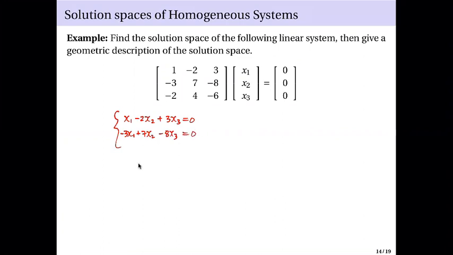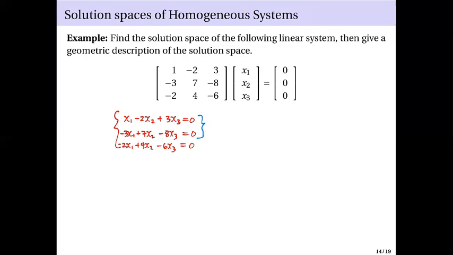And I can leave out the third equation, since the third equation is similar to the first. Let me write that: negative 2x1 plus 4x2 minus 6x3 equals 0. But as I have said, we'll just have to work on the first two equations, because the third equation is similar to the first equation. Okay?